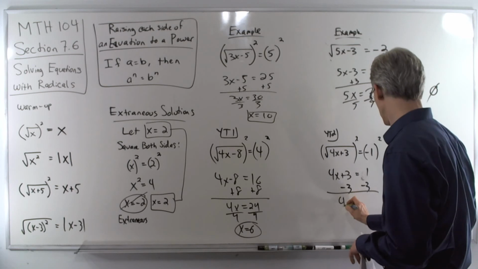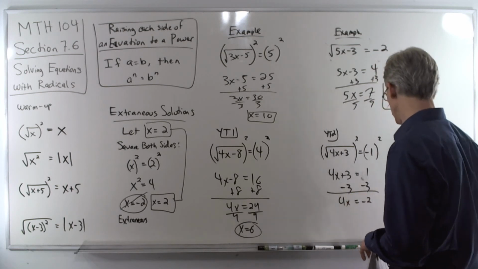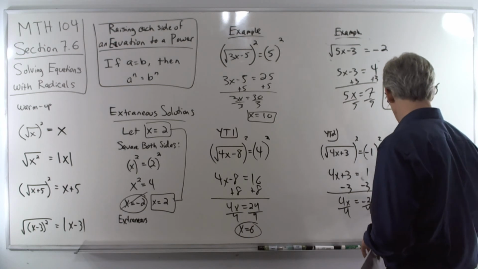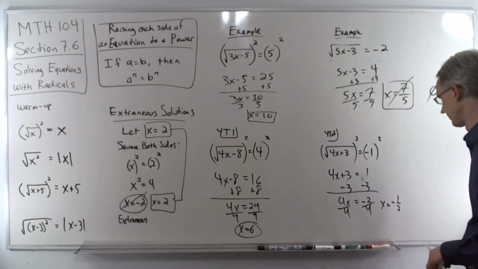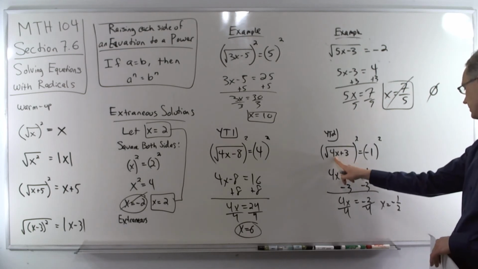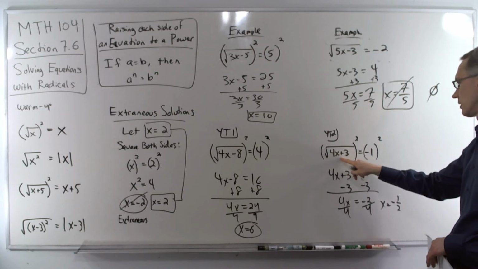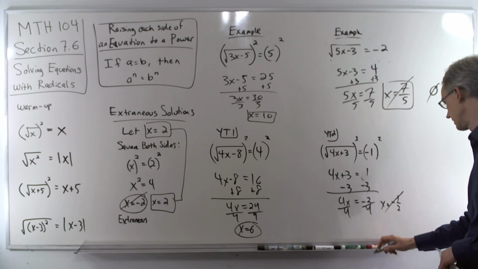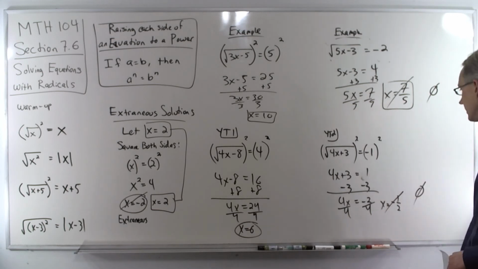That gives us 4x equals negative 2, divided by 4, and x equals negative 1/2. So I'm going to take negative 1/2, plug it in here. Negative 1/2 times 4 is negative 2, plus 3 is positive 1. The square root of positive 1 is 1, so it does not equal here. That's not a solution. Empty set.